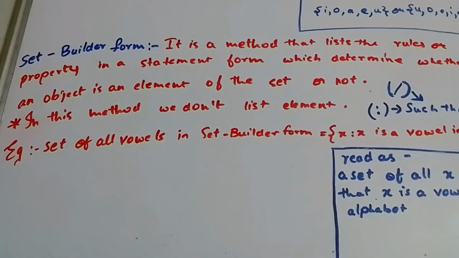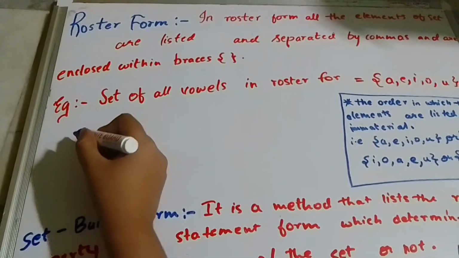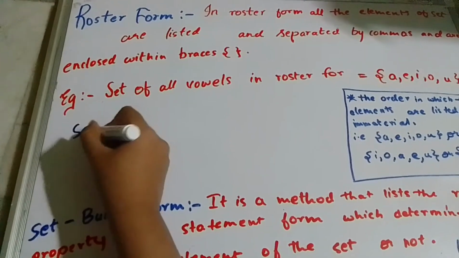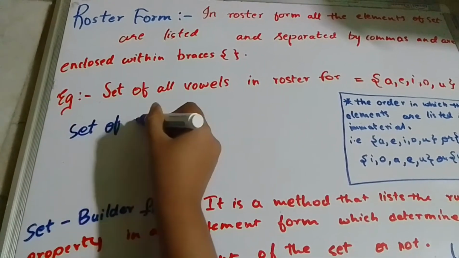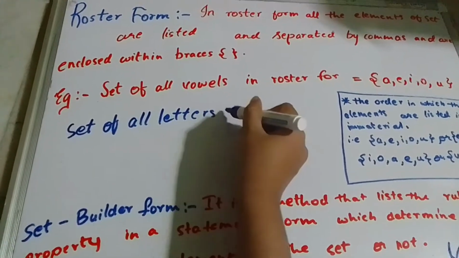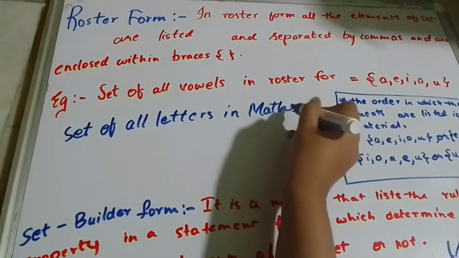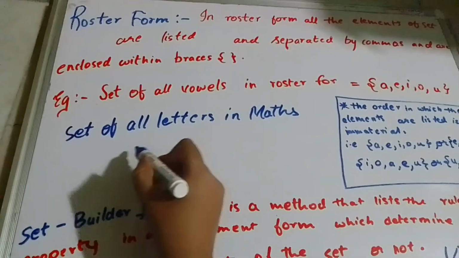Let's take one more example: the set of all letters in math. How do we represent this in roster form?